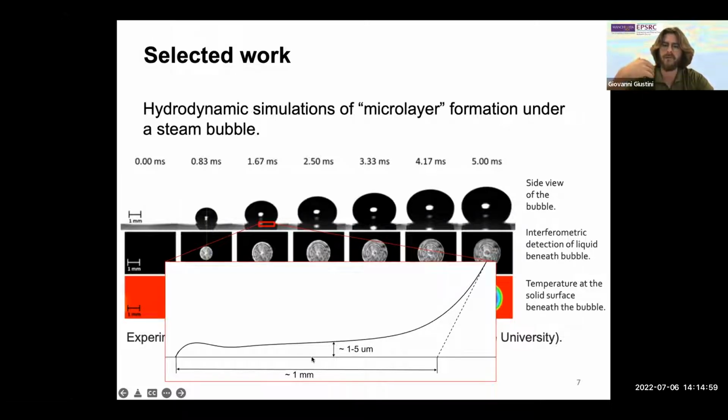So it generates vapor that goes into inflating the bubble. So the presence of this layer can have a very important effect on bubble growth and therefore on boiling heat transfer, which depends crucially on how large my bubbles are at departure, and therefore how much energy I remove from a surface via the latent heat transport associated with bubble formation.